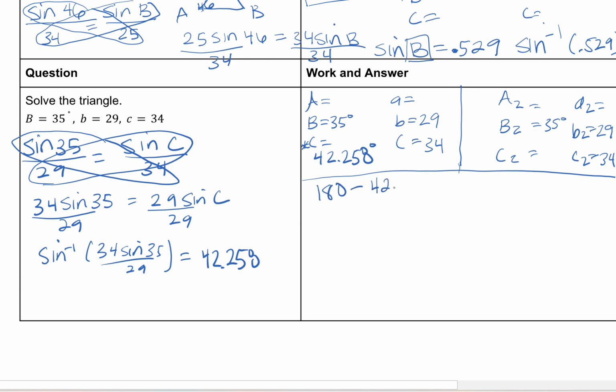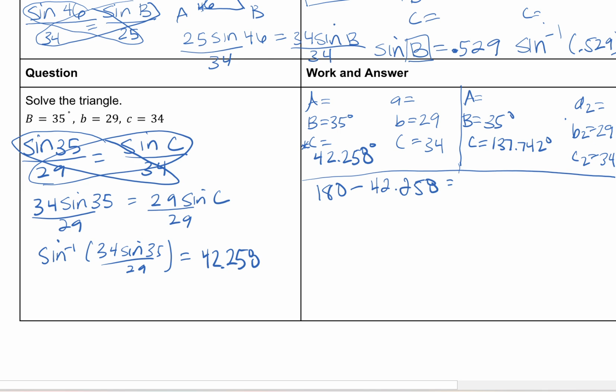Okay, so I got my first angle. I'm going to subtract 42.258 to do my test. So 180 minus 42.258, and we get 137.742. If there was a second angle C, it would be 137.742.